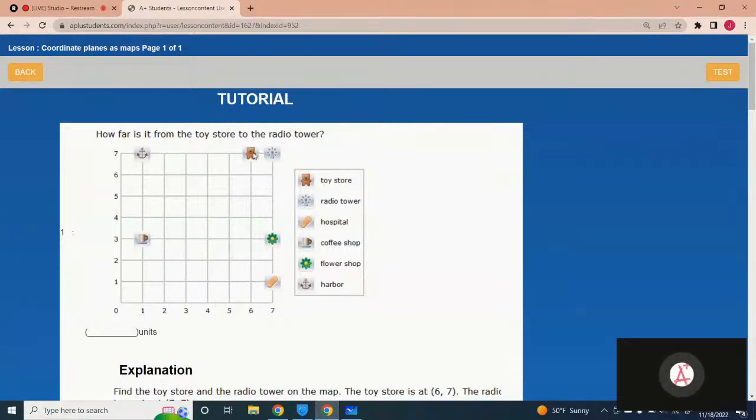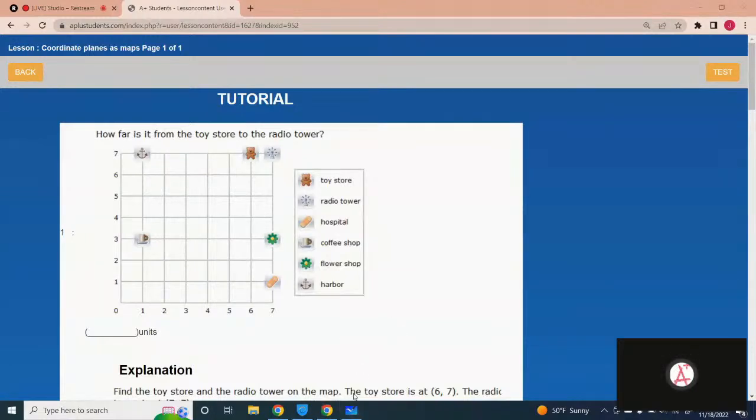Okay, this is the toy store and this is the radio tower. You can find the coordinates for the toy store on the graph and then the coordinates for the radio tower. Okay, the coordinates of the toy store are, for the x it has the value 6 and the y has the value 7.